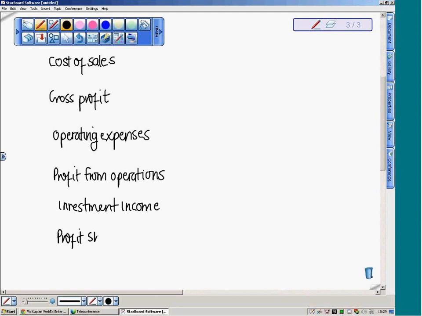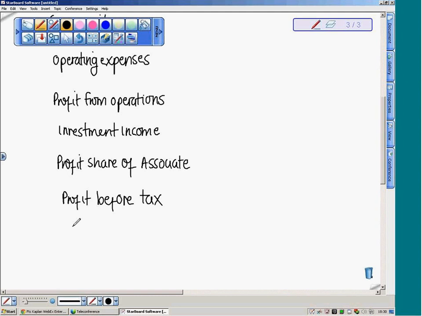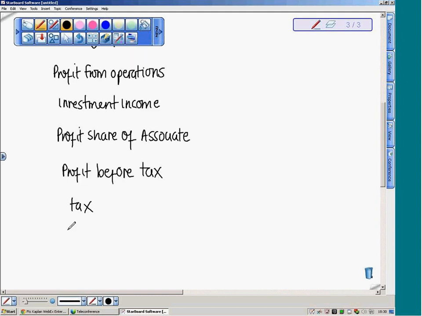Profit of the associates. We're going to have the profit before tax. We're going to have our tax, and then we'll have a profit from continuing operations. Okay.